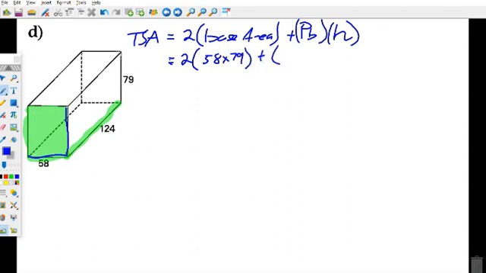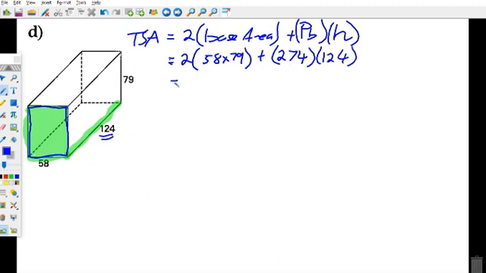We're going to add up the perimeter of that shape. So it's 58 plus 79 plus 58 plus 79. And we're going to get there 274. And my height is over here. There's my height. 1, 2, 4.